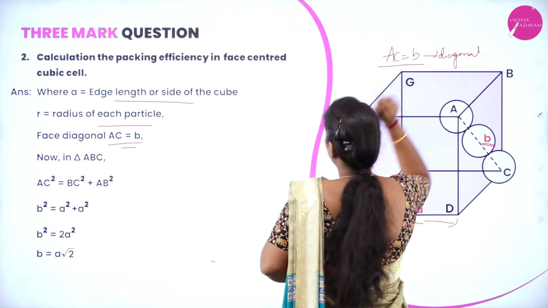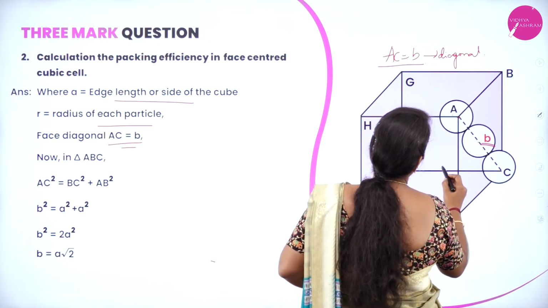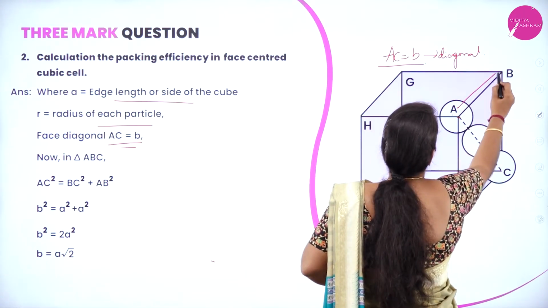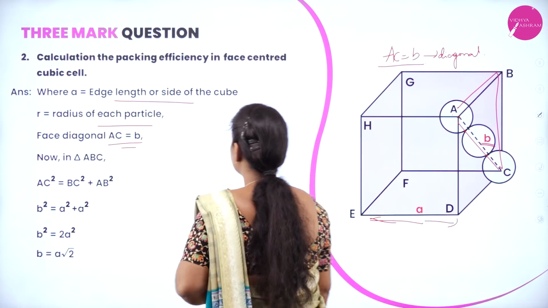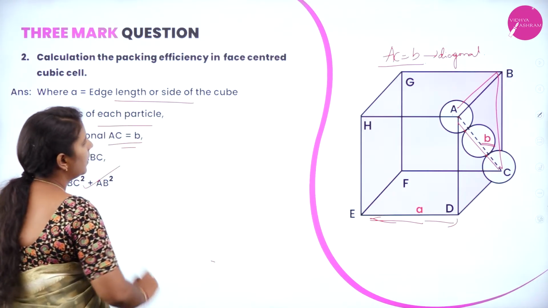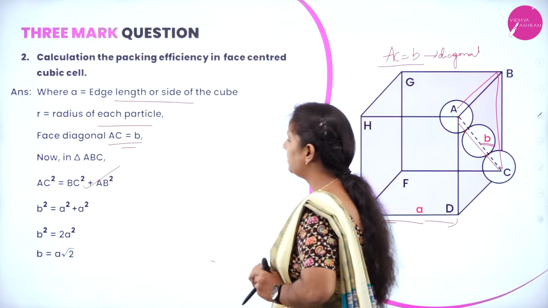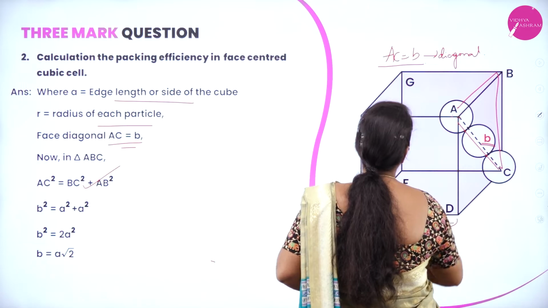So you can write AC is equal to B, and this is a diagonal. Coming to the triangle ABC, we know that AC square is equal to BC square plus AB square, and AC square is nothing but B square.